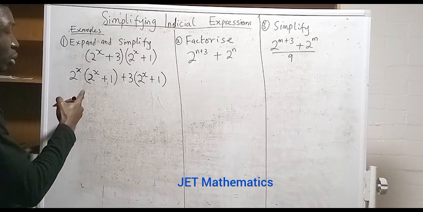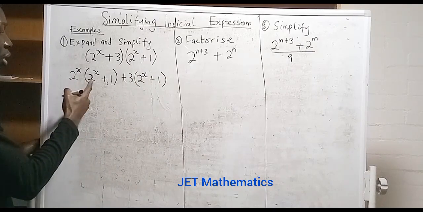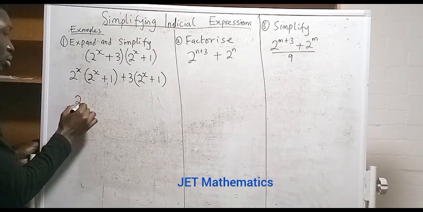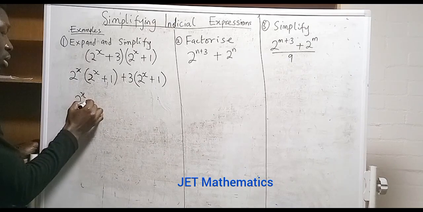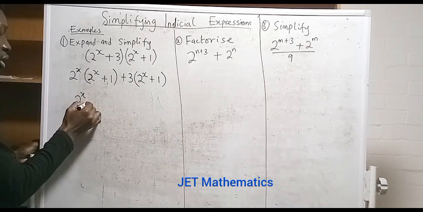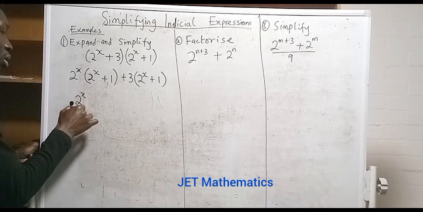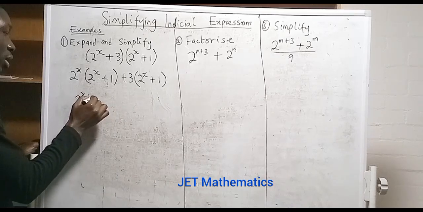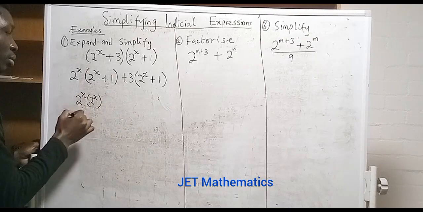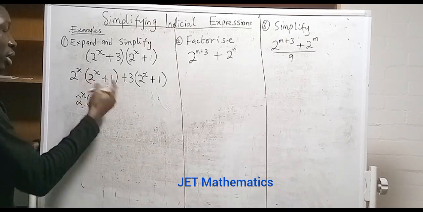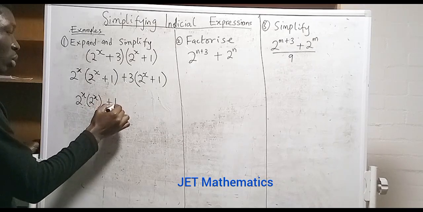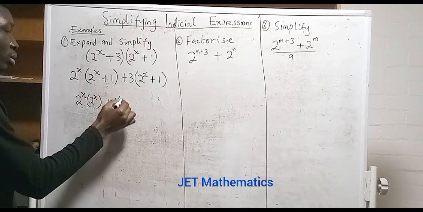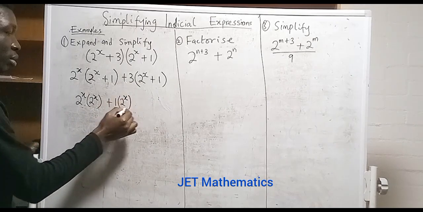So we can also break this down. This times this, 2^x times, we use dot here to represent times, or we can just bracket it, 2^x, and then 2^x times 1 is also 2^x.